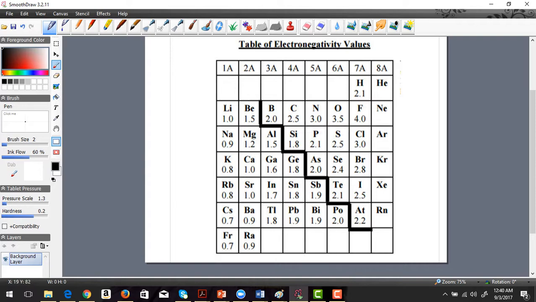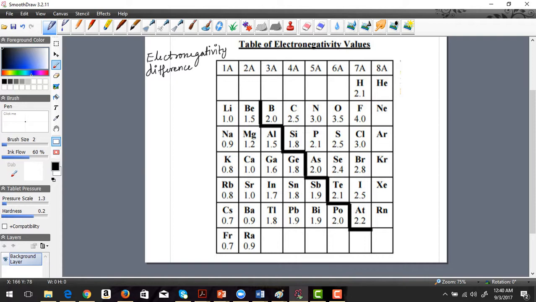So, there is a range which I want to focus on. We are going to learn about something called electronegativity difference.